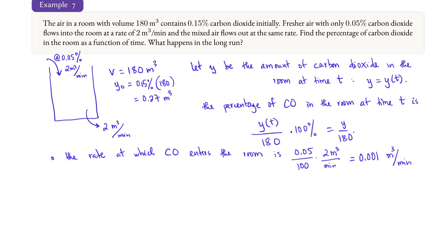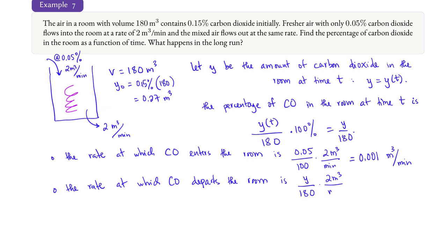The carbon dioxide is then thoroughly mixed and flows out at the same rate. So the rate at which carbon dioxide departs the room is the percentage, which is y over 180, times the depart rate, which is 2 cubic meters per minute. And this will give us 1 over 90 y.